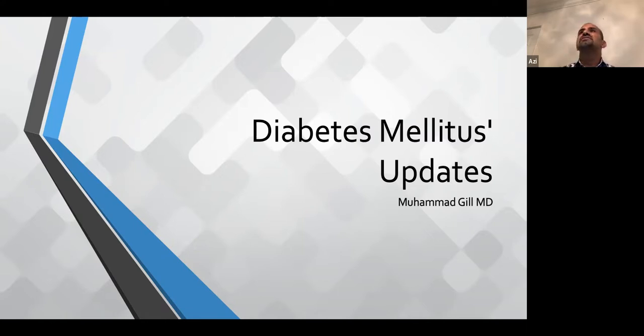Today we will discuss type 2 diabetes, and we'll follow a patient, not a case study, and follow the care of the patient as we see in actual clinical scenarios. So let's begin. Natalie, please, let's start with the first slide.